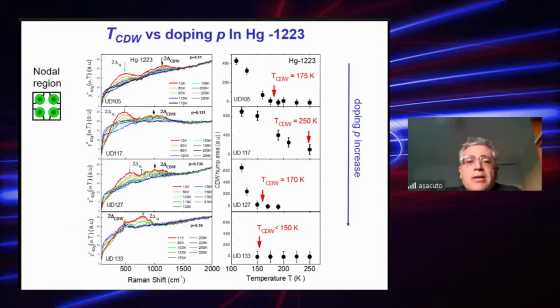And we measure each time the integrated area of the peak as a function of temperature to find where it collapses to define the transition temperature of the charge density wave.